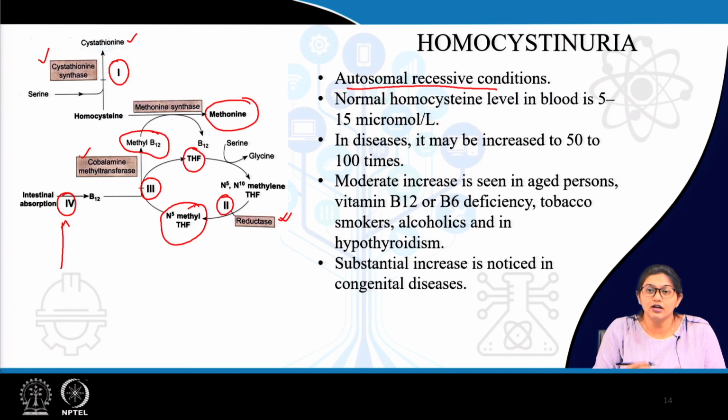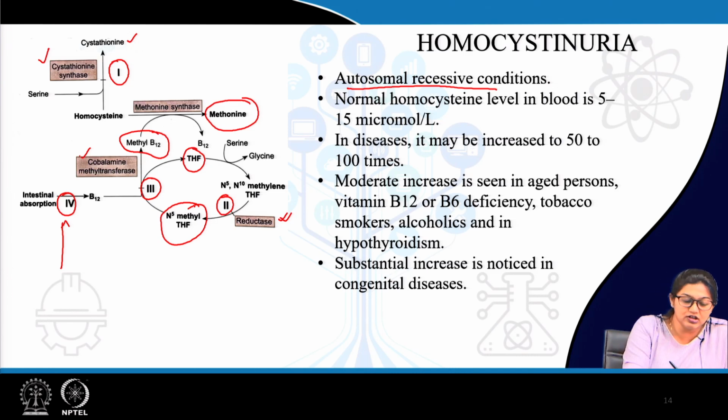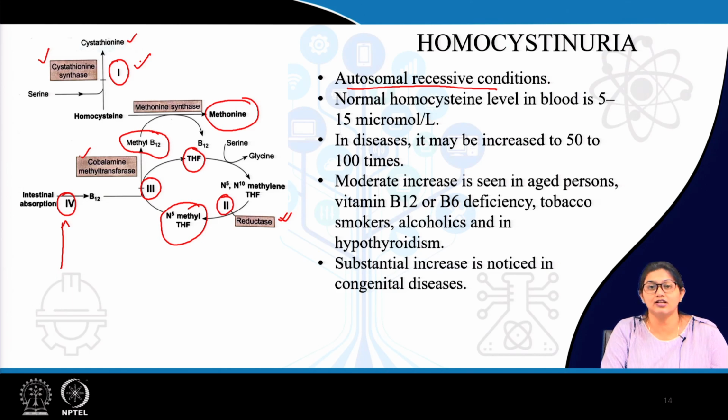So, once again, to the different types of homocystinuria: type 1 is due to the deficiency of cystathionine synthase, which is directly related to the formation of homocysteine. The other variants of homocystinuria are basically where methionine synthesis from homocysteine is defective.